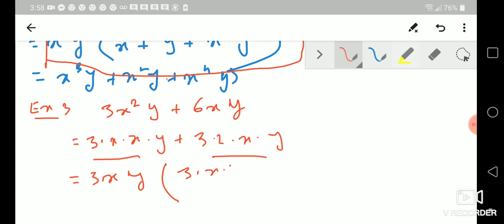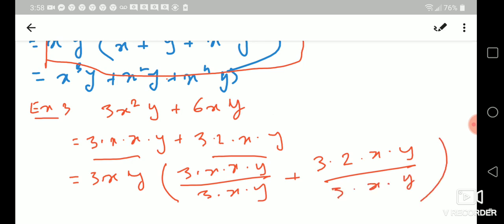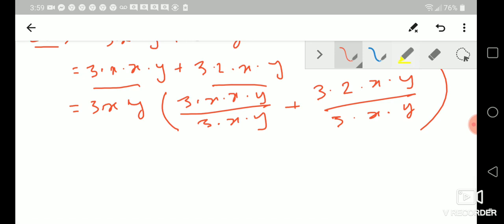3 dot x dot x dot y divided by 3 dot x dot y, and this 3 times 2 times x dot y divided by 3 dot x dot y, and we'll try to get rid of the common ones. 3xy, and 3 is common, so we get rid of that. x is common, we get rid of it, and y is common, so we get rid of y.